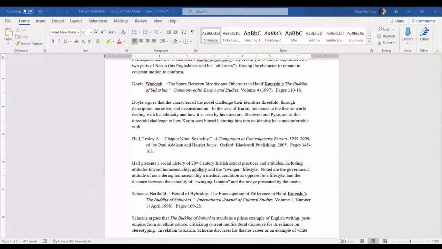It tells what the source is being used for, how it's going to be used, and what information. Each one of your annotations should include an assessment of the usefulness of your work.